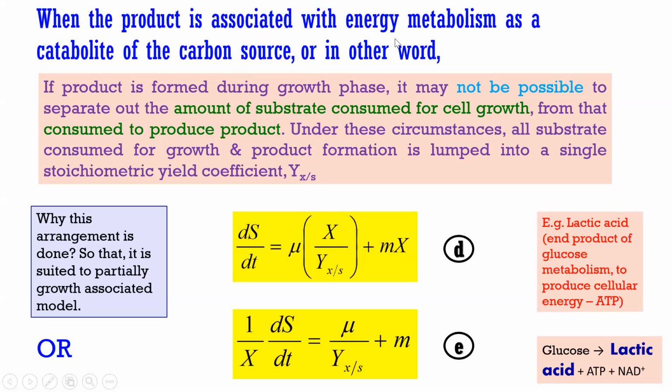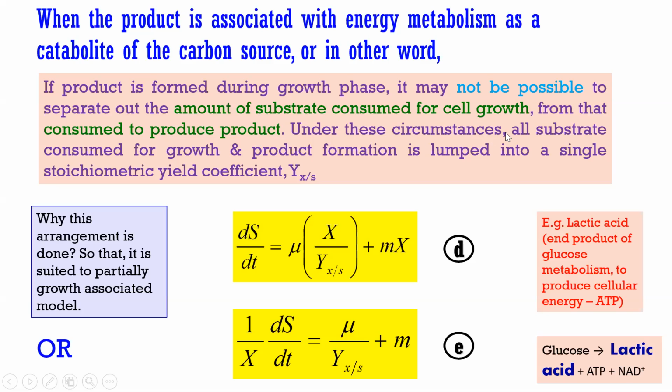When the product is associated with energy metabolism as a catabolite of the carbon source, it generally means the product is being used as a substrate again. In other words, if product is formed during the growth phase, it may not be possible to separate the amount of substrate consumed for cell growth from that consumed to produce product.